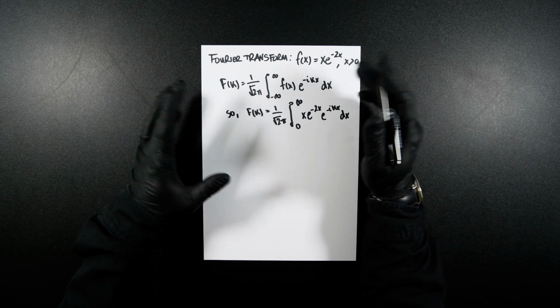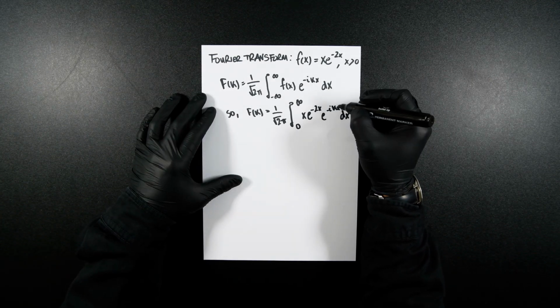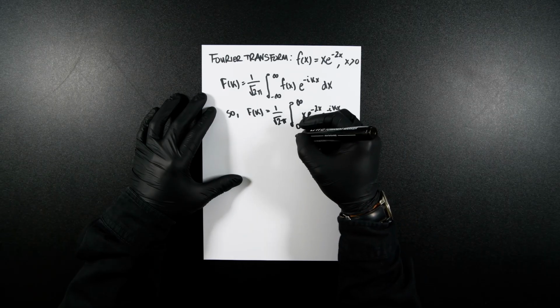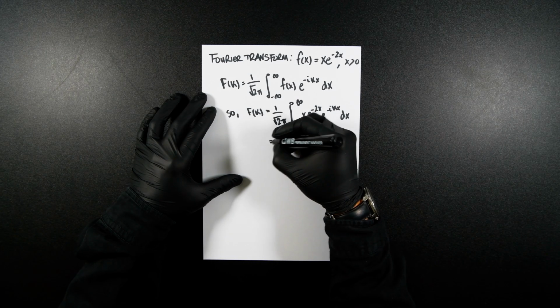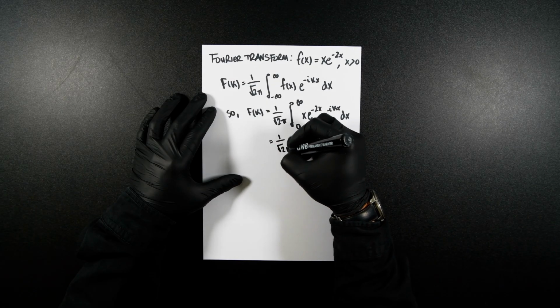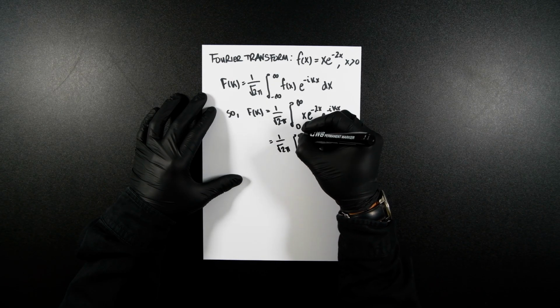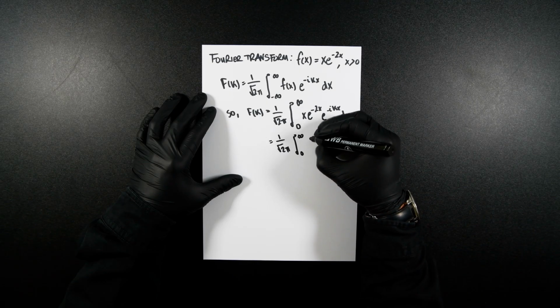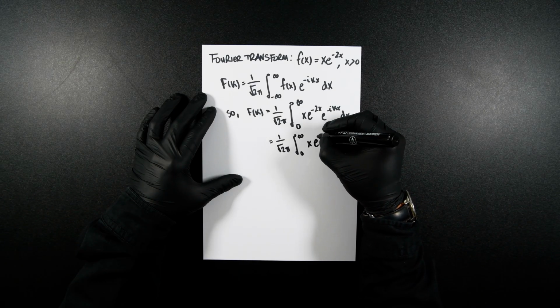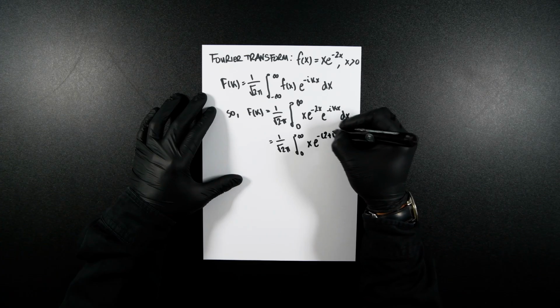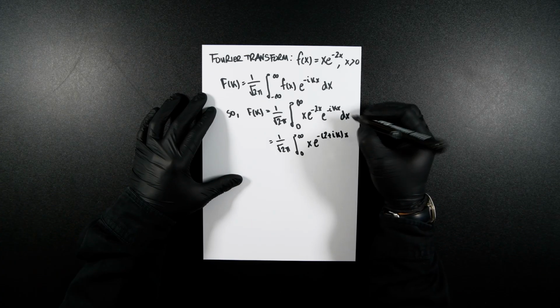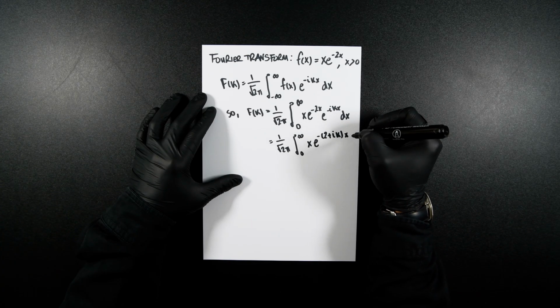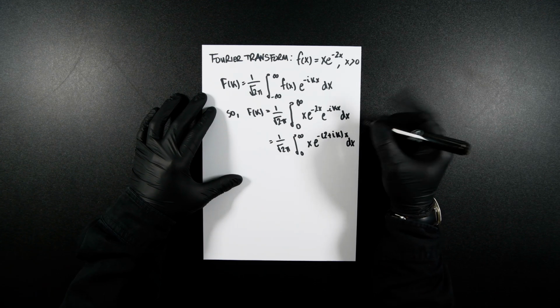We now combine the exponents, so through exponential rules this becomes 1 over root 2 pi, integral from 0 to infinity of x e to the minus (2 plus ik)x, because remember x is in both, so we can pull that out, and then dx, forgot that.